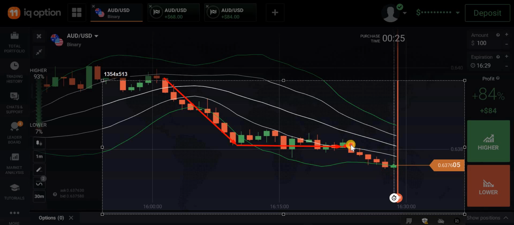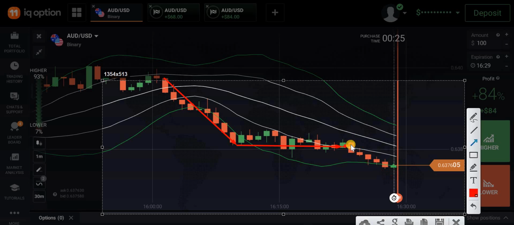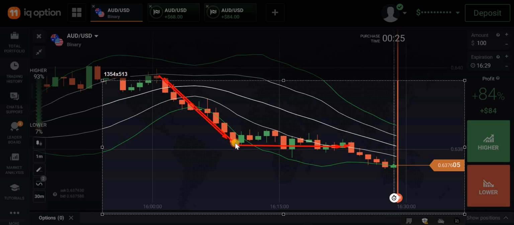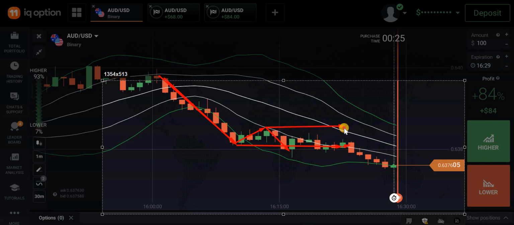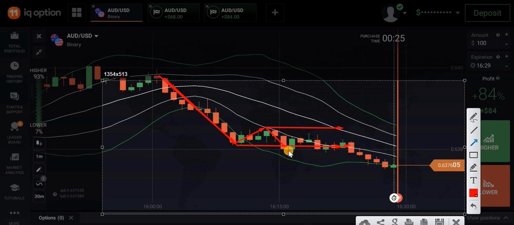When we have a downtrend and a ranging like this, what normally happens is this: the market comes down, it goes back up and comes back down. So here becomes a reference point, and this place where it went back up again becomes a reference point. We can draw a line from here and here.